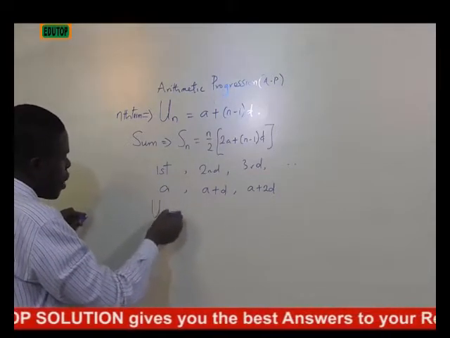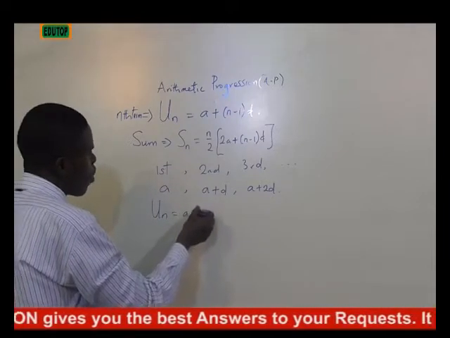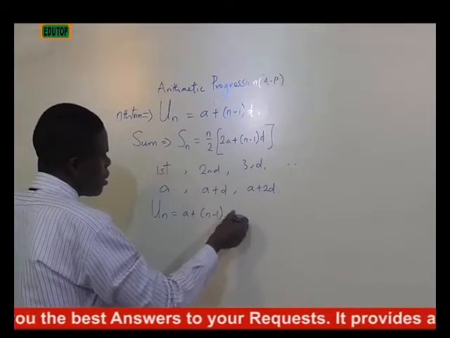For the nth term, Un equals A plus (n minus 1)D.